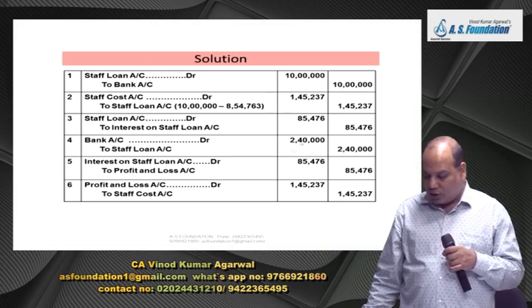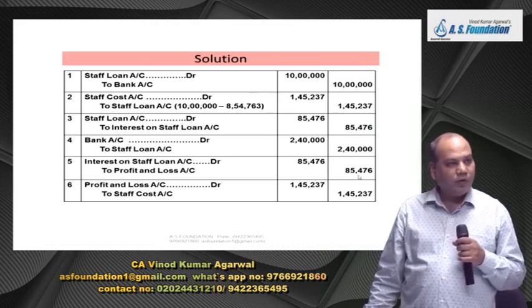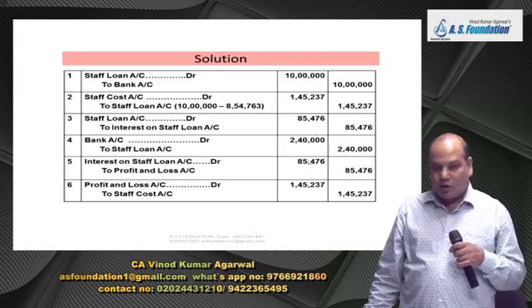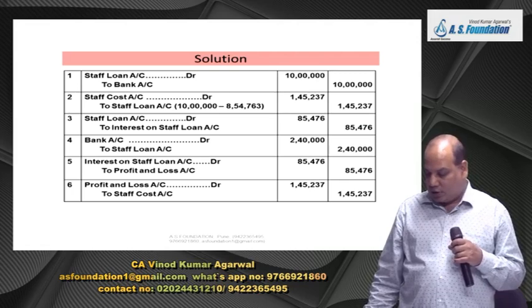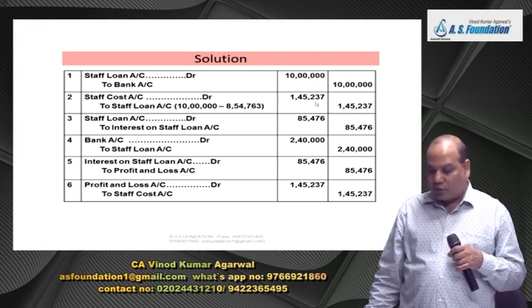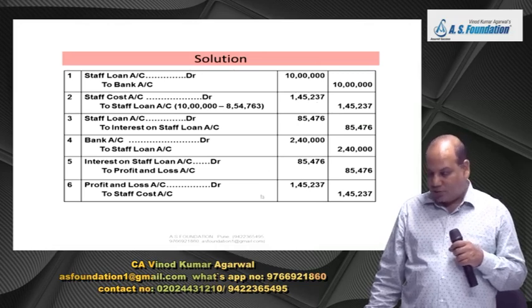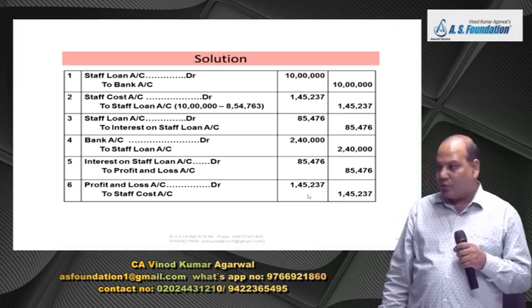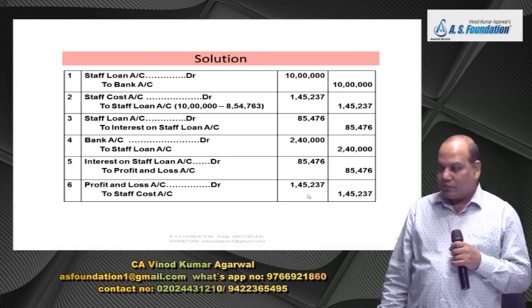And then this interest that you have earned on staff loan, you recognize in profit and loss account. Interest on staff loan account debit to P&L account. It's an income, but this 145,237 staff cost is an expense. So P&L account debit to staff cost 145,237. Assumption, right.